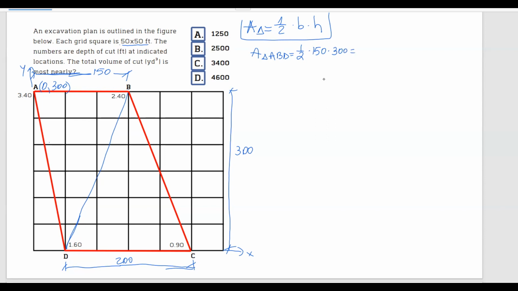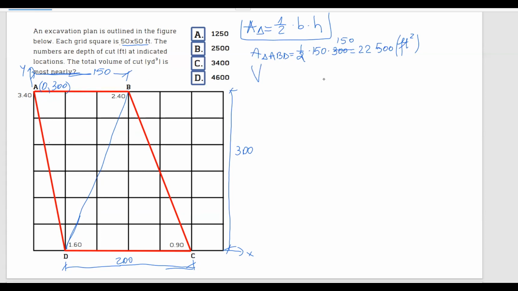So this becomes 150 times 150, and I get an area of 22,500 feet squared.